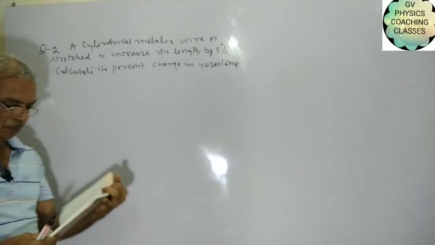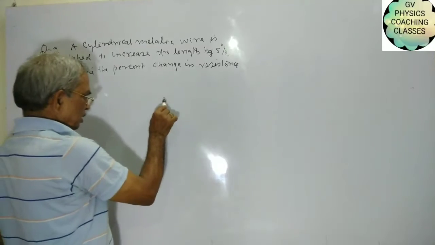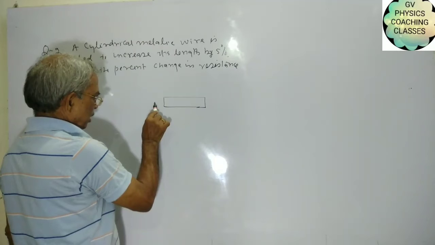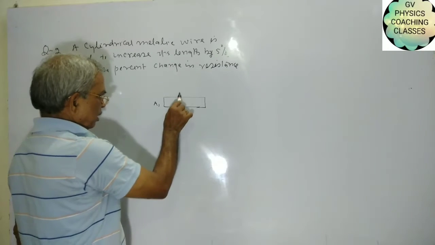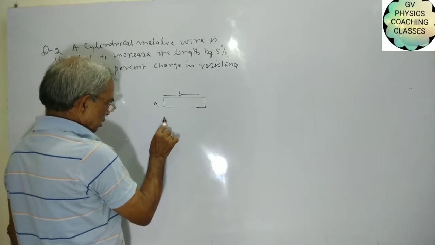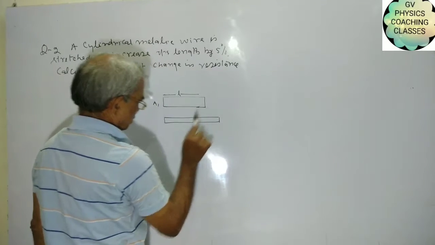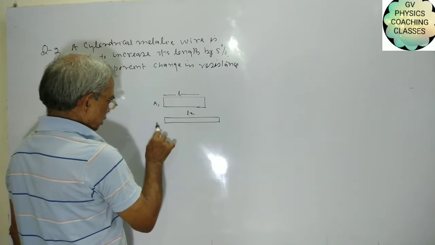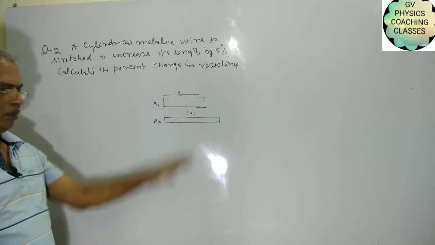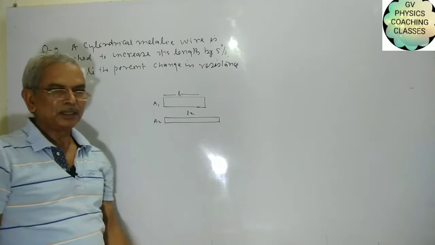It is our question. Initial length is, suppose, this one. A1 is the area and L1 is the length. It is stretched 5%. Then the length becomes L2 and the area becomes A2. The volume of the material remains the same, but when length is increased, the cross section is decreased.